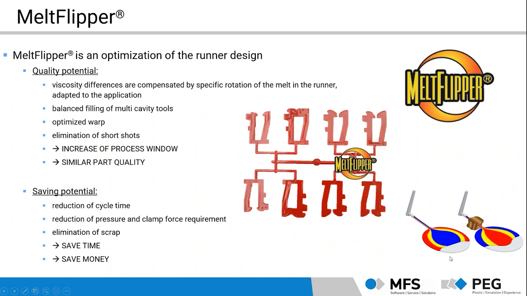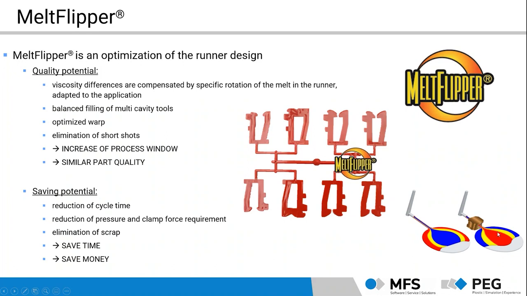In here, the bottom right corner, you can also see that this technology also works for single cavities. This is a special application, but especially when it comes to such geometries here, where we have this disc geometry, let's say. We have a faster filling in the outer areas without the MeltFlipper, but here it's also possible to rotate the melt.